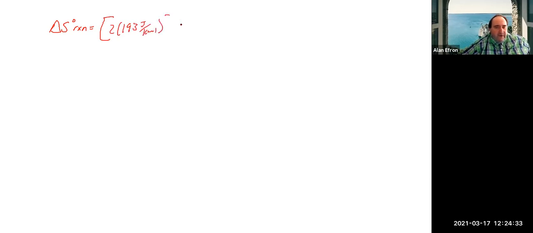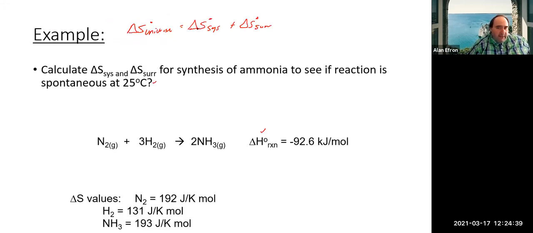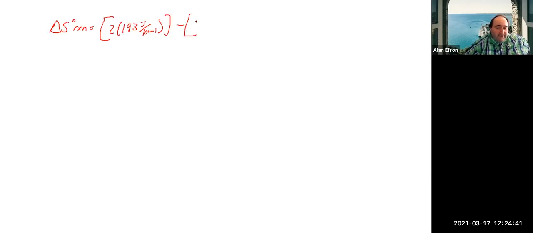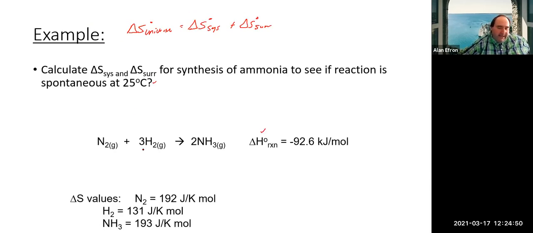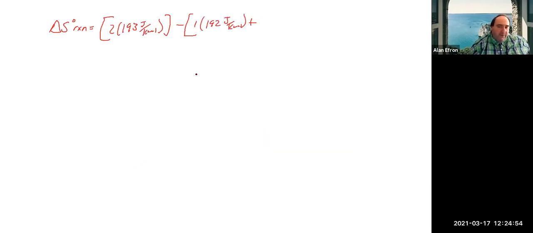And that takes care of our product side. We're then going to subtract it from our reactant side, where we have N2, which is 192. So that would be basically 1 times 192 joules per Kelvin per mole. We then want to add it to our other reactant, which in this case is H2, and there's 3 of them. So 3 times 131 looks like.